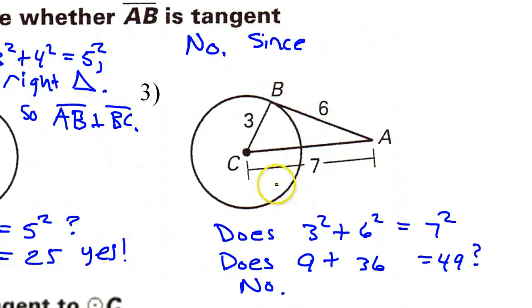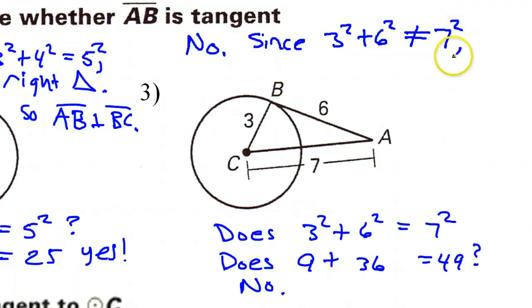Since, here's our explanation, since 3 squared plus 6 squared does not equal 7 squared, triangle ABC is not a right triangle.